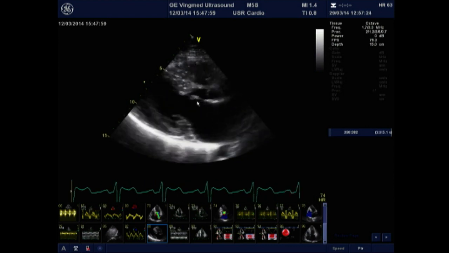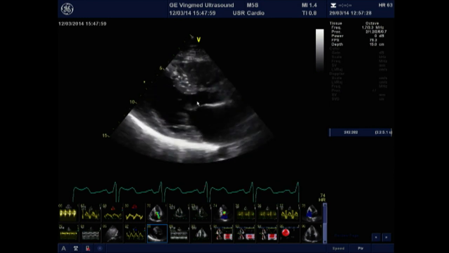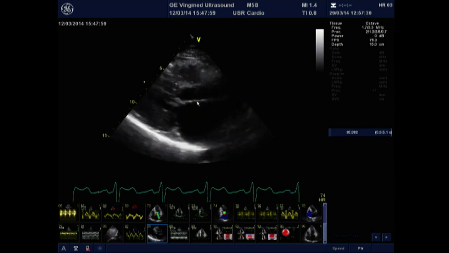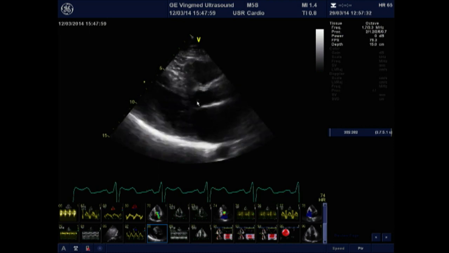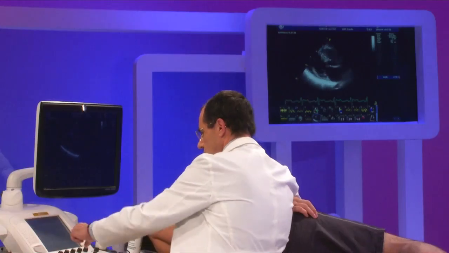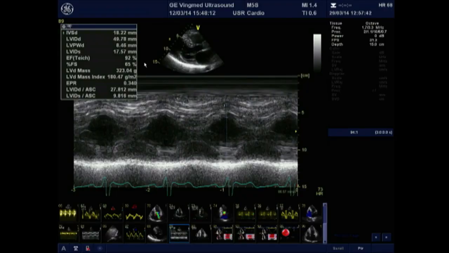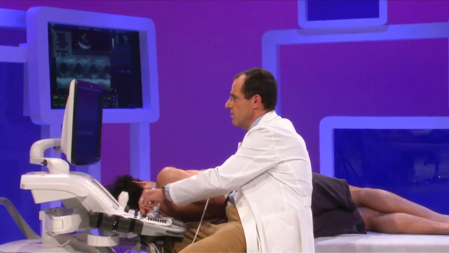We know that the classical indices of systolic function in this disease show that these patients have normal or even supernormal systolic function. Now with the M mode, we can assess shortening fraction, which is 65%, which is normal or even supernormal, as we expected.